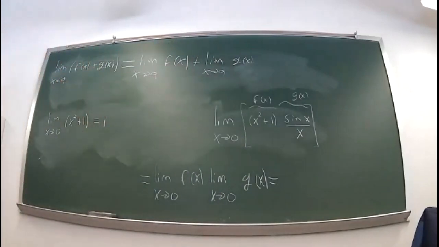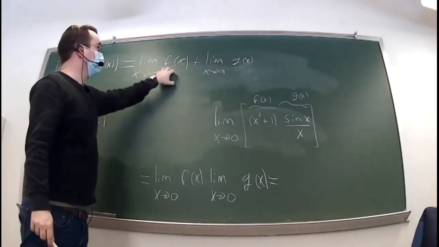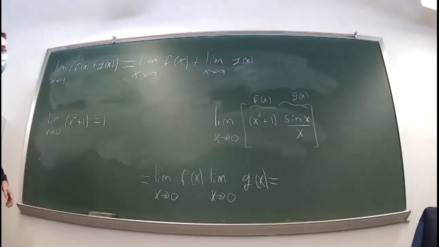As long as the limits exist, it'll always be true that the limit of the sum is equal to the limit of the first one plus the limit of the second one. So we say the limit of the sum is equal to the sum of the limits.